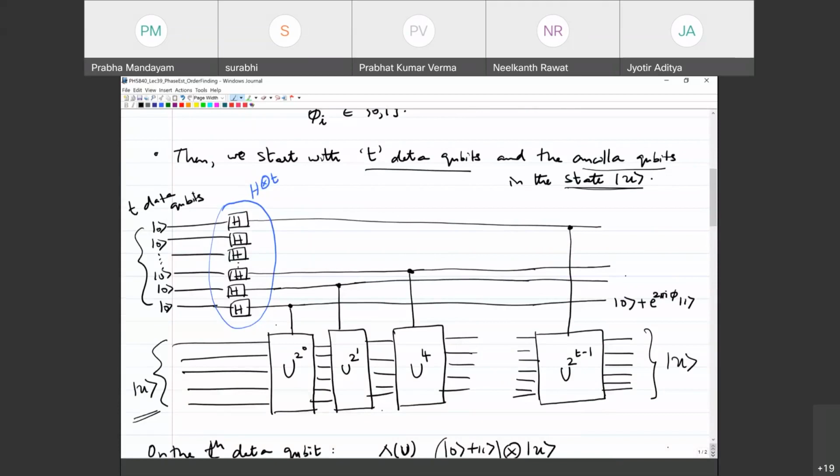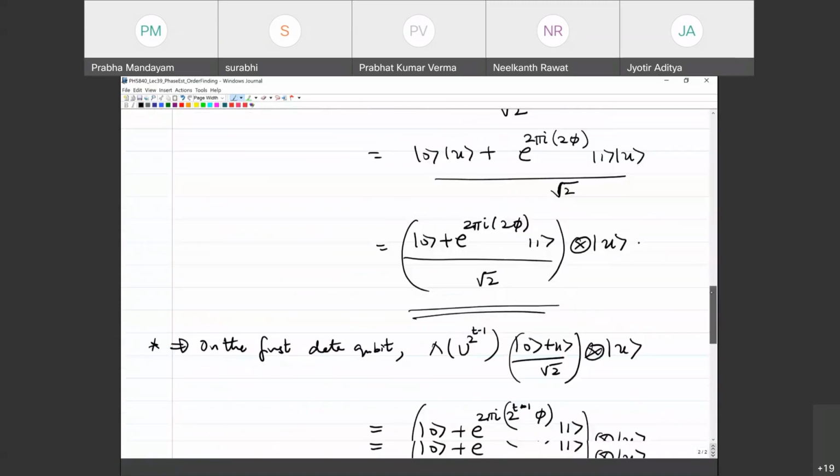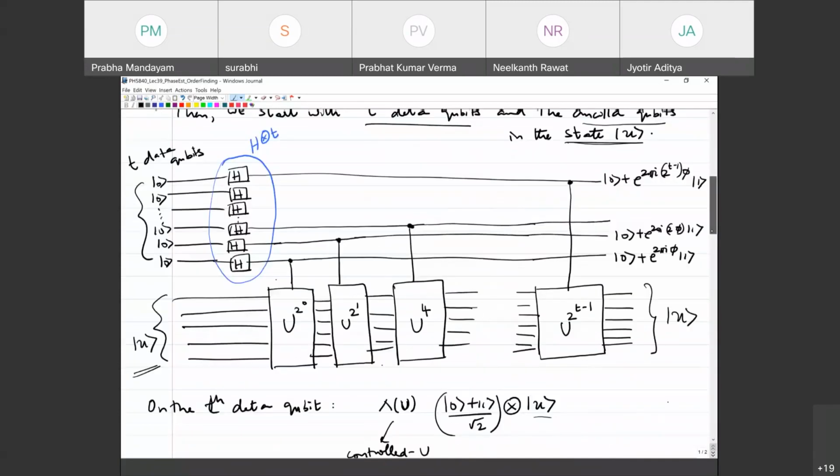This is 0 plus e to the 2 pi i 2 times phi ket 1, and so on and so forth, up to e to the 2 pi i 2 to the t minus 1 phi, that's all in the phase, ket 1. So let's write down what the t data qubits look like after the application of the sequence of control unitaries.